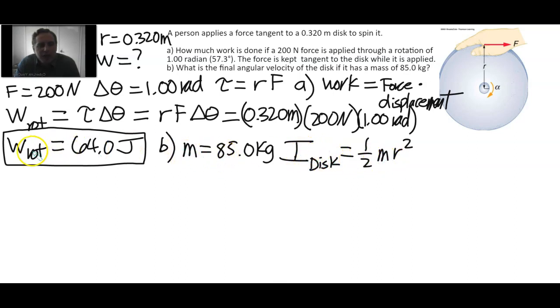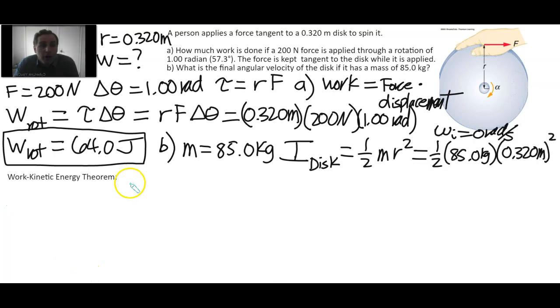Well, it turns out if you know the rotational work, recall the work kinetic energy theorem. The work kinetic energy theorem is that the net work done is equal to the change in the kinetic energy. Recall this theorem. But notice in this case, it's rotational work and rotational kinetic energy.